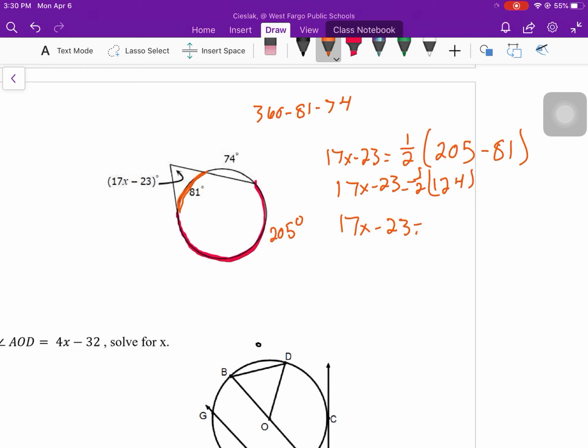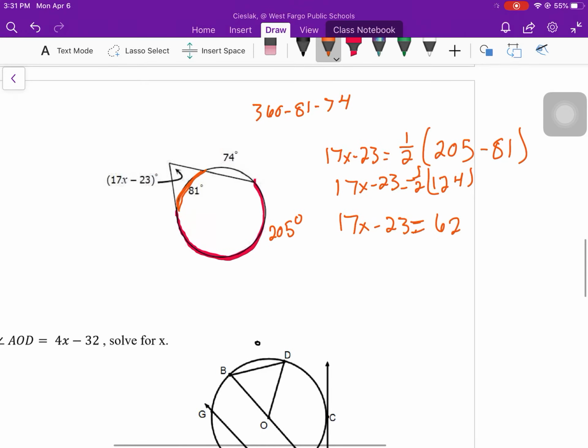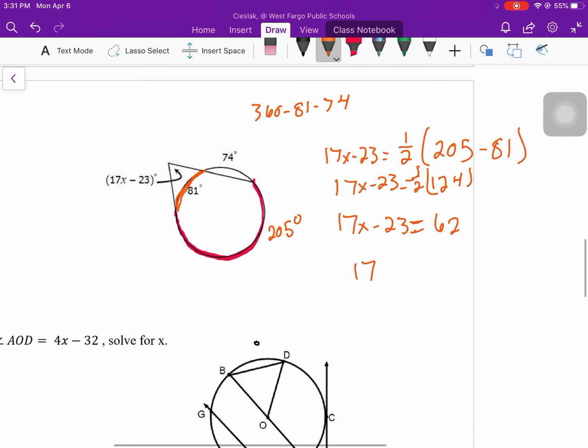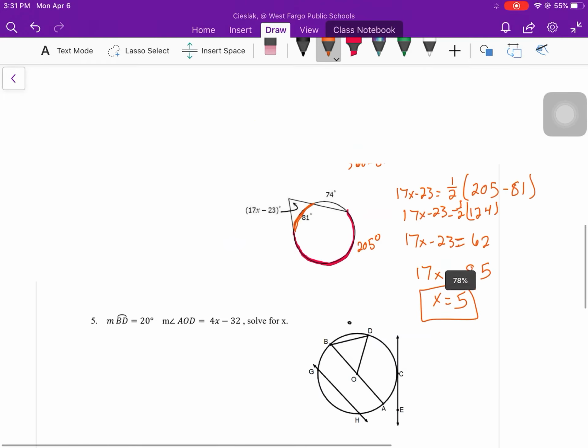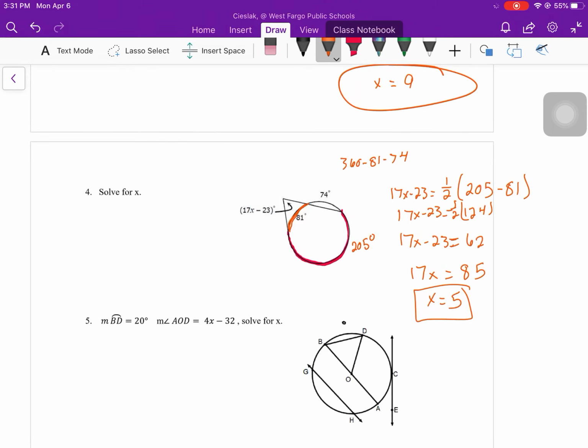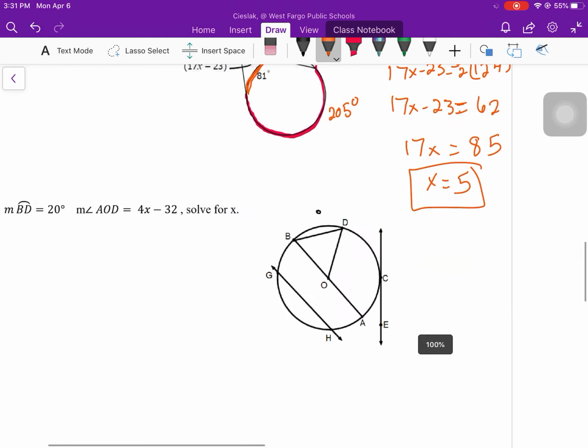But I've still got to multiply that by a half, so I'm going to go 17x minus 23 is equal to half of 124, which is 62. Okay, add 23 to both sides, so 17x is equal to 85. All of that work then tells me that x is equal to 5. That's all I had to find, so we are good to go.